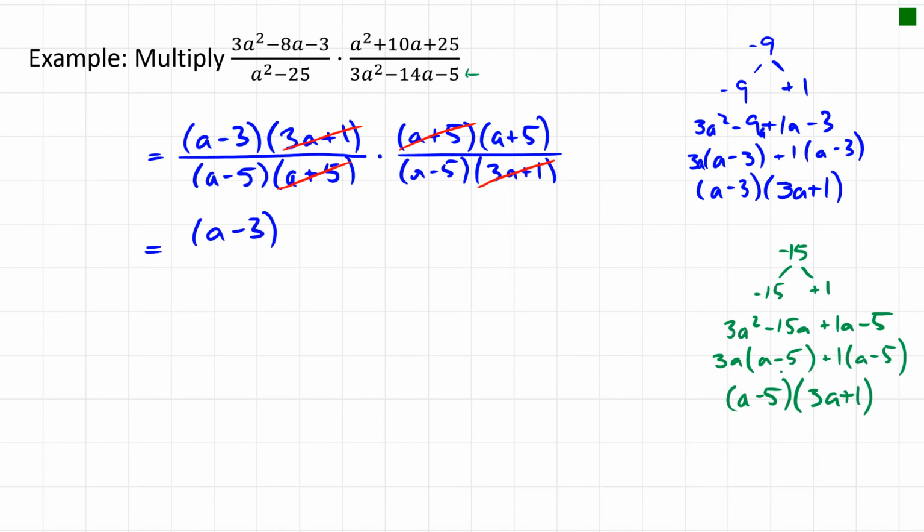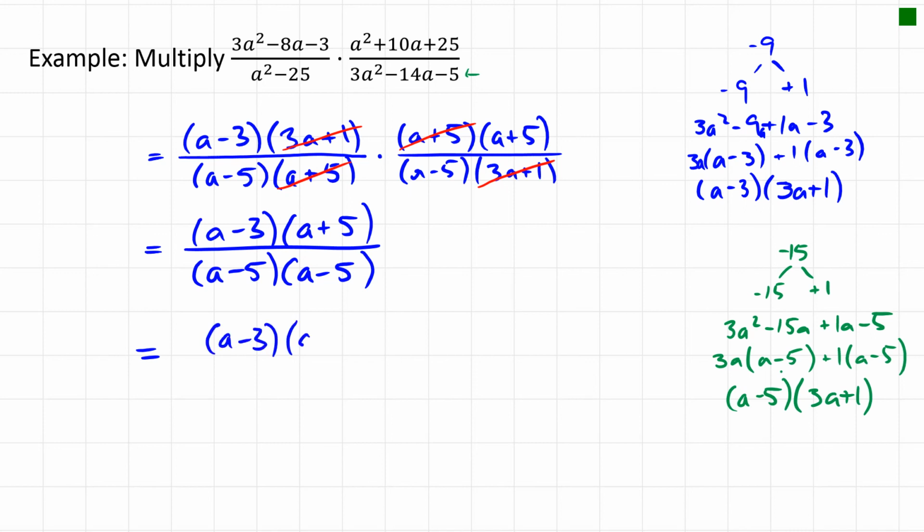They don't cancel, so they'll just stay as they are. And then I write whatever's left multiplied together on the top, and whatever's left multiplied together in the denominator. And if I wanted to, you can recognize that a minus 5 times itself, we could write as a minus 5 squared.